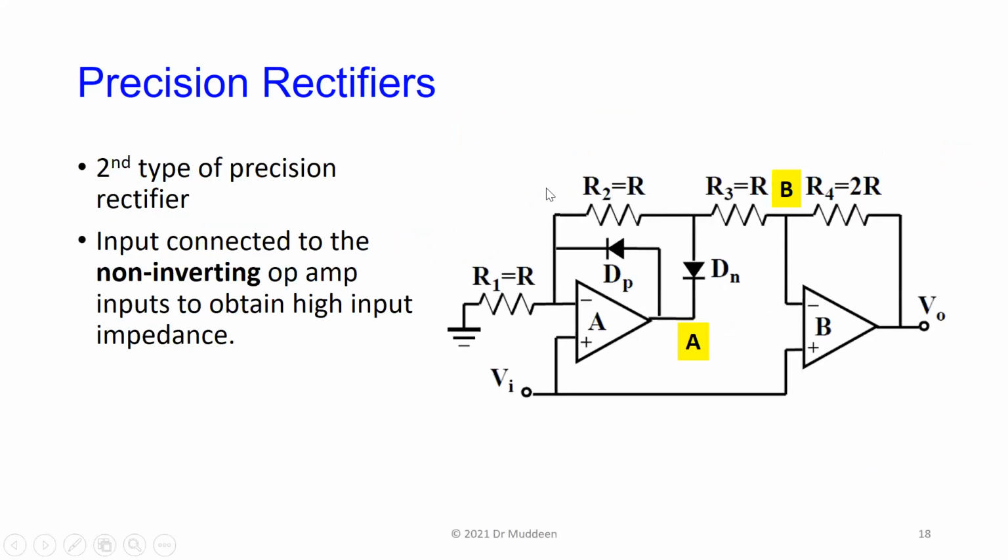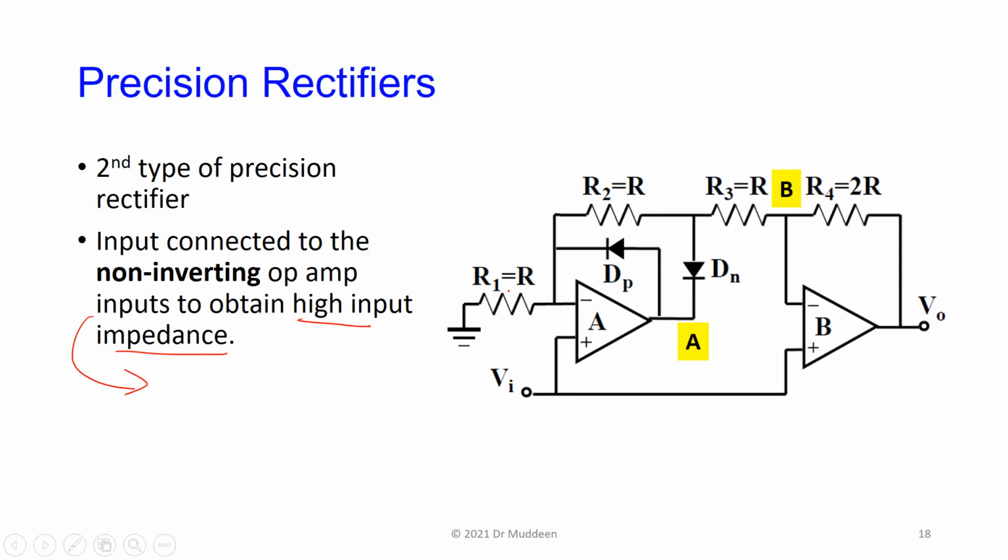All right. This now was another type of precision rectifier, and this one you're connecting the input to the non-inverting input of the op-amp. Remember, in an op-amp, the non-inverting input has a high input impedance. It has a higher input impedance than the inverting.